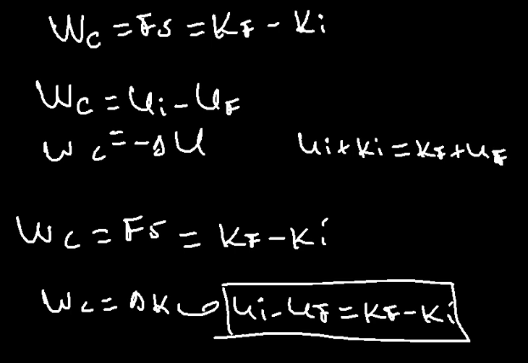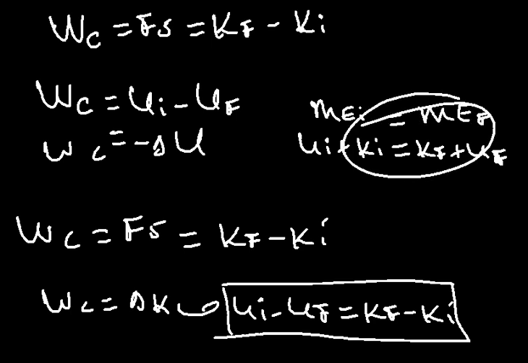So this is what we call the law of conservation of mechanical energy, and this is only for the conservative forces. It means the initial mechanical energy is the same as the final mechanical energy.